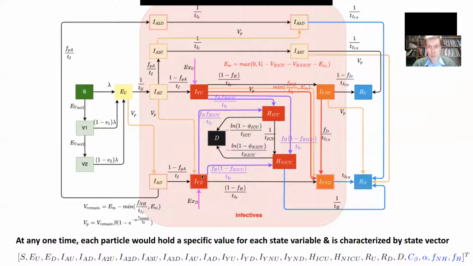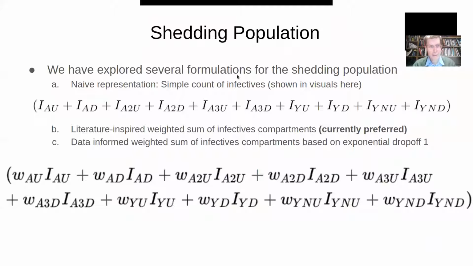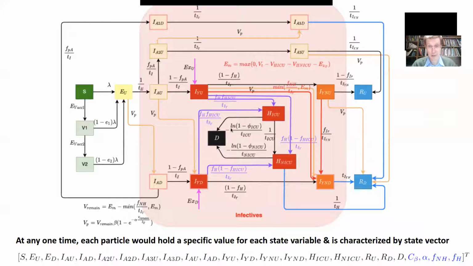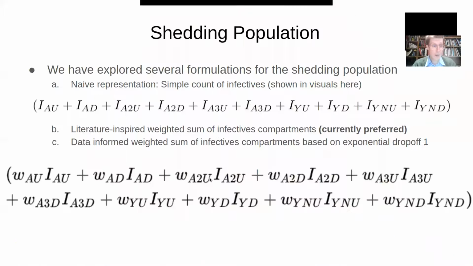Here, we have a population within our transmission model, and some subset of that is a set of infectives. They're highlighted in reddish color here. And we need a characterization of the shedding population. We've considered one naively from the start, which is just a sum of these compartments that are highlighted.